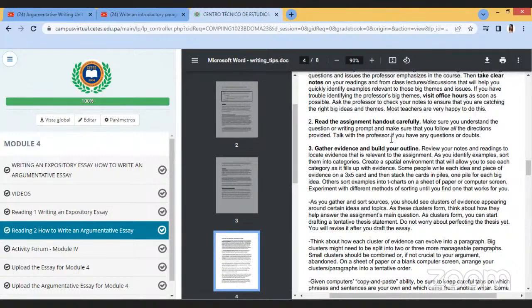Number two, read the assignment handout carefully. Before you even contemplate a thesis or supporting framework, the successful argumentative essay begins with the student closely analyzing the structure and stipulations around the writing task, rather than casually skimming the assignment prompt.